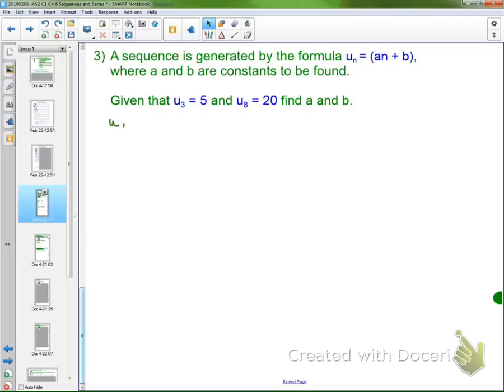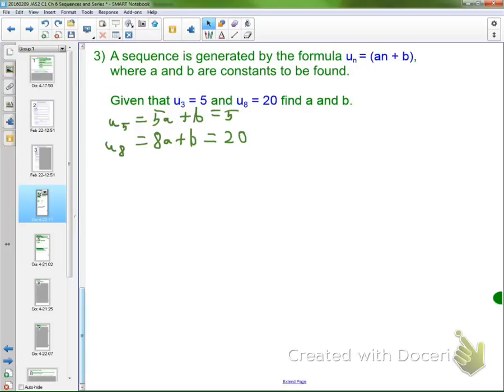So we have that u5 is equal to 5a plus b, and we have that u8 is equal to 8a plus b. And of course u5 is also equal to 5, and u8 is also equal to 20. So we now have two simultaneous equations. From the techniques that we learned back in chapter 3, we can use these to solve problems in chapter 6.